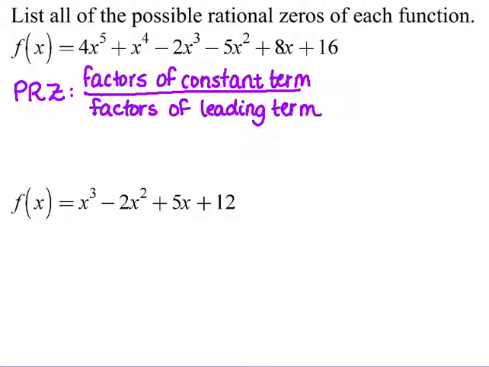Factors of the constant term divided by factors of the leading term. So the constant term in this problem is what? 16. So I need to list all of the factors of 16.